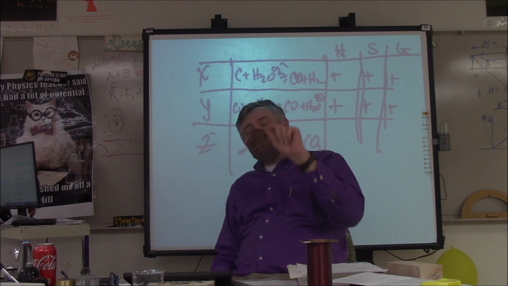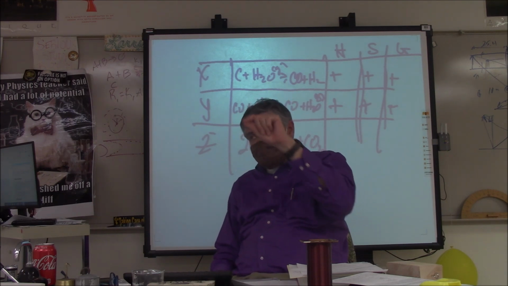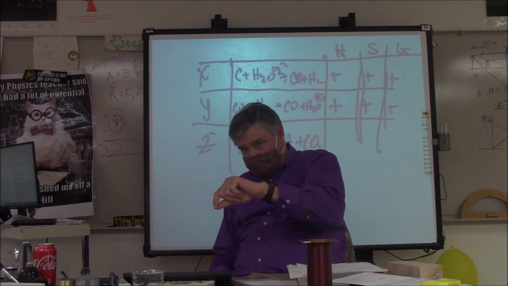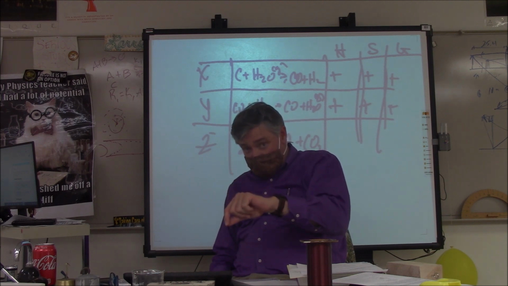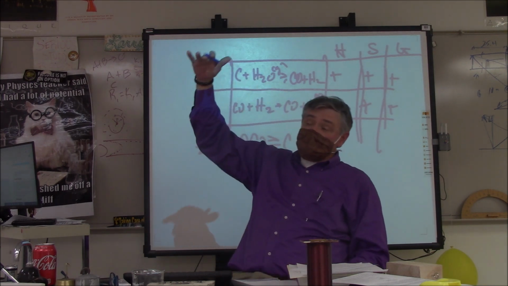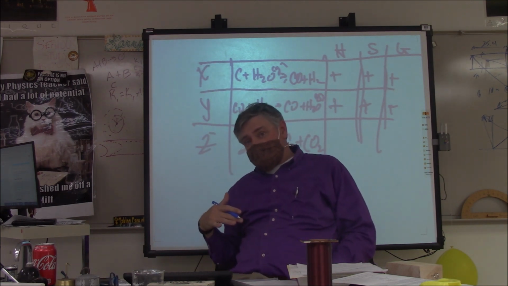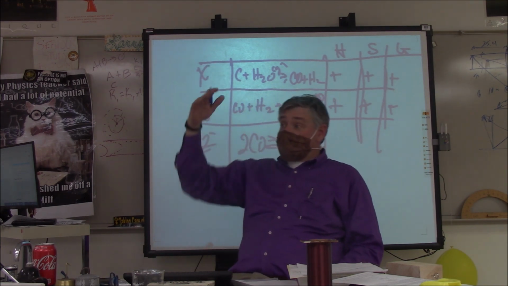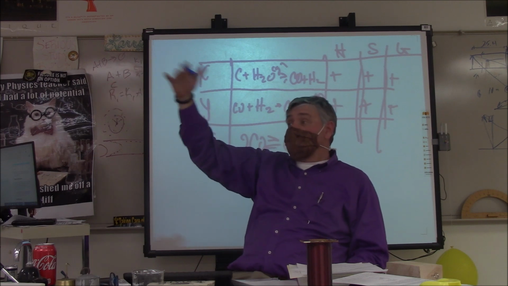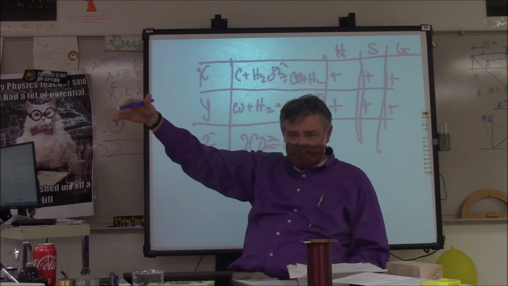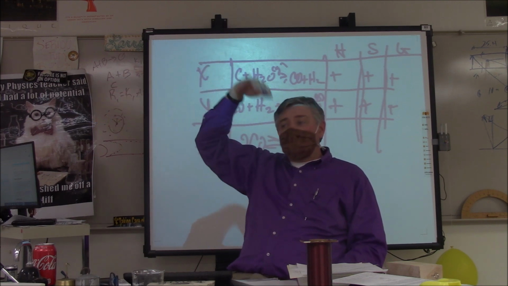So at least you have the potential to make these reactions become spontaneous. But would that be above a certain temperature or below a certain temperature? You're going to have to go above a certain temperature. At 298 Kelvin, you're too low.